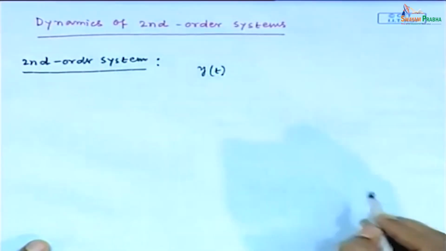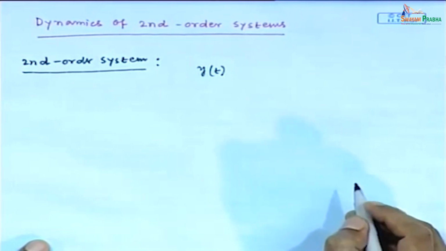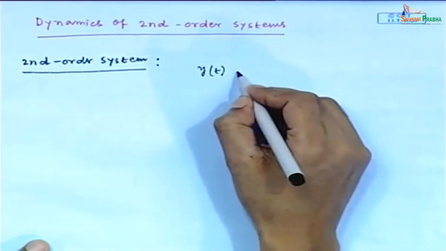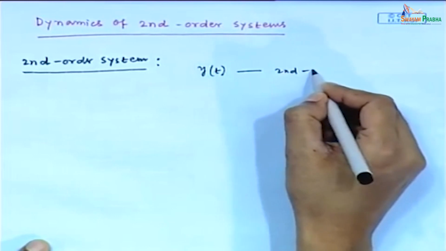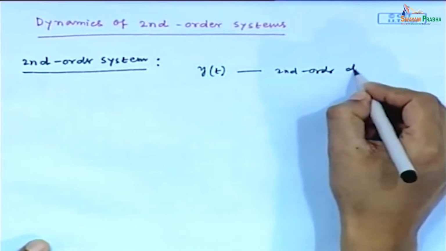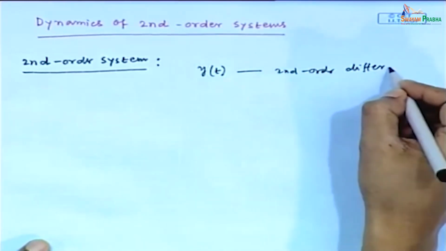So, the output is y(t) and this should be modeled by second order differential equation.